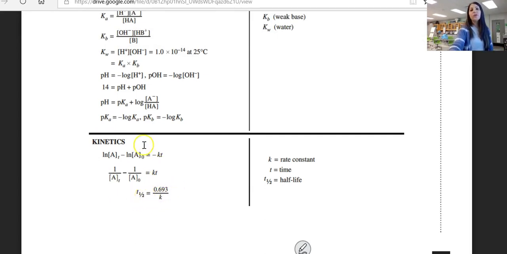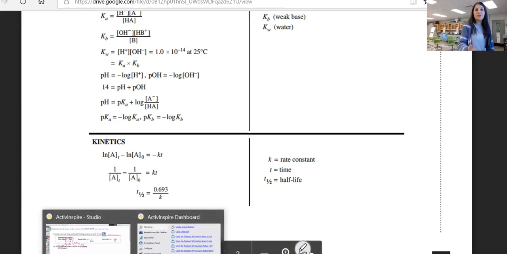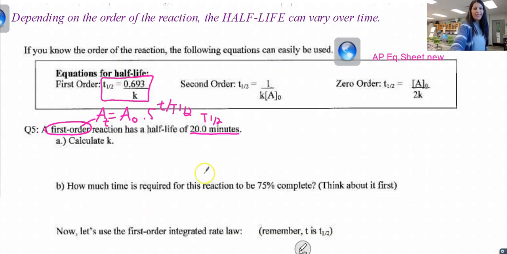They don't label it, so this is our first order rate law, this is our second order rate law, and then they give us the half-life for a first order, but they don't give us the half-life for a second order, which usually means that they're probably not going to ask you for it on the test, but I will be asking you because you will have the equations, so just in case you see questions like that.